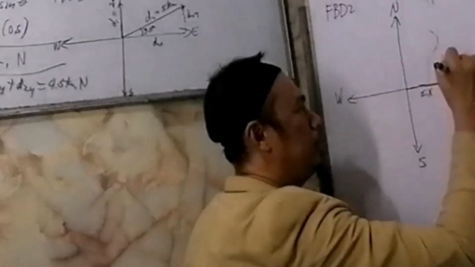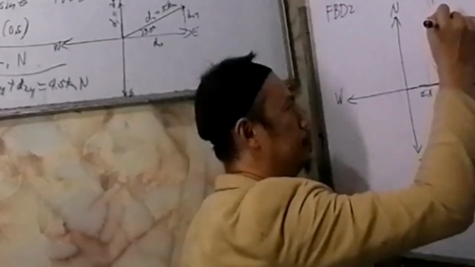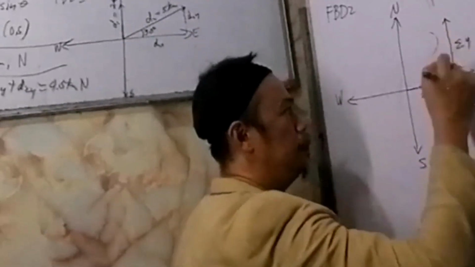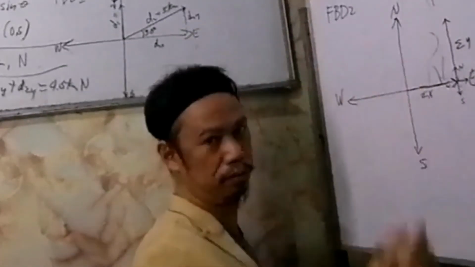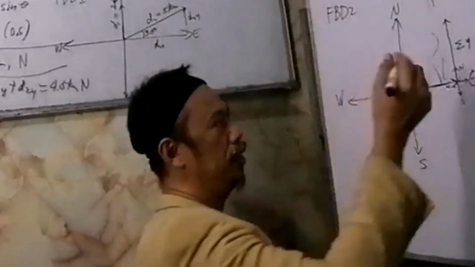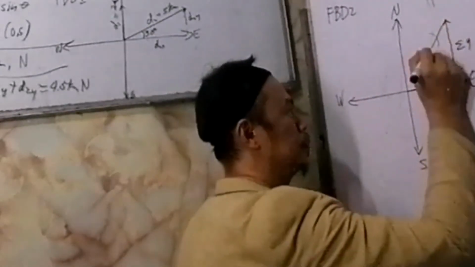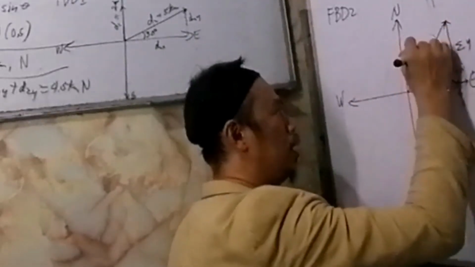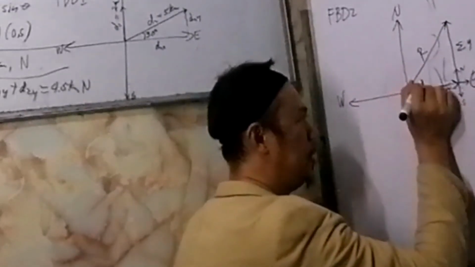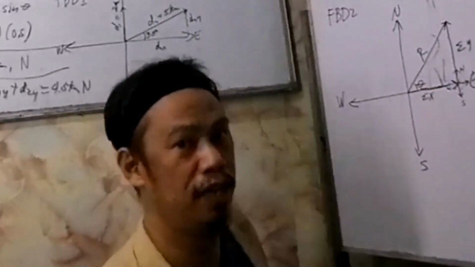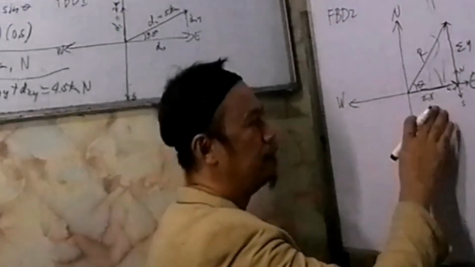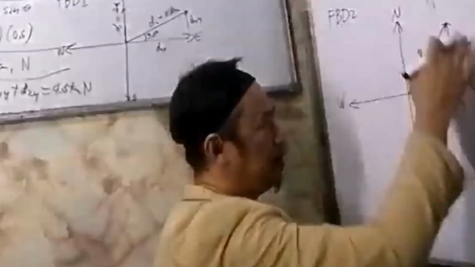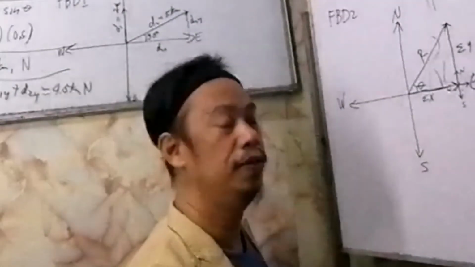So, we put here the 4.5. These are summation of y. Because the summation of y is north, that's why it's going upward. Then we connect this. So, this is now our r. So, the theta is here. So, we have the summation of x connected with the summation of y. Then, that's the r. Okay?